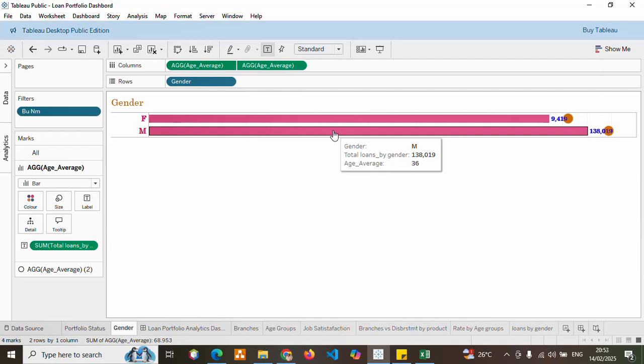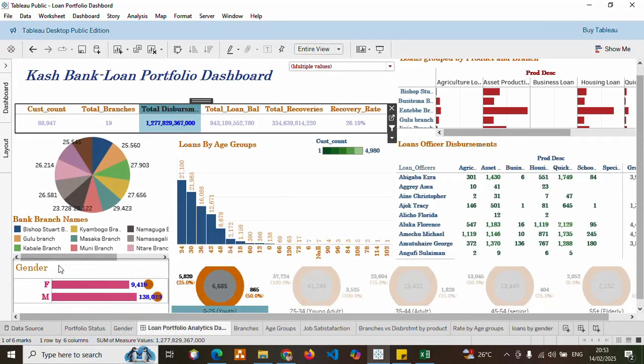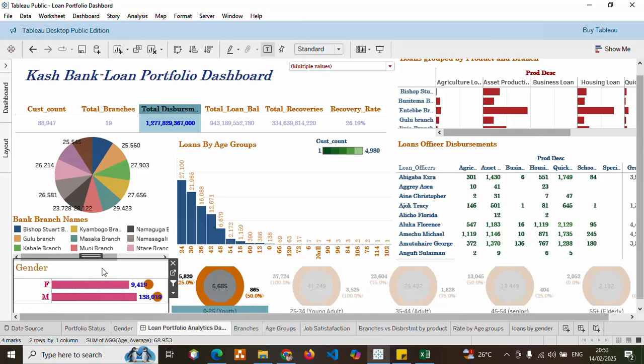It means that the rate at which men take loans compared to women is high, and this gender status is also brought to our dashboard and it is indicating here. So this helps the bank, when it is giving out loans, to clearly understand where the bigger loans are actually going by gender.